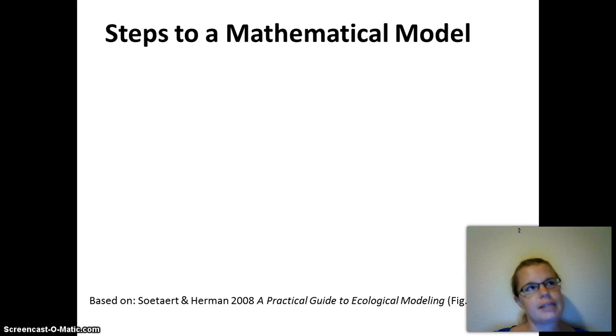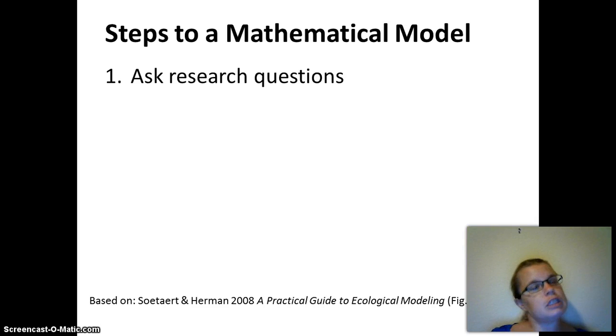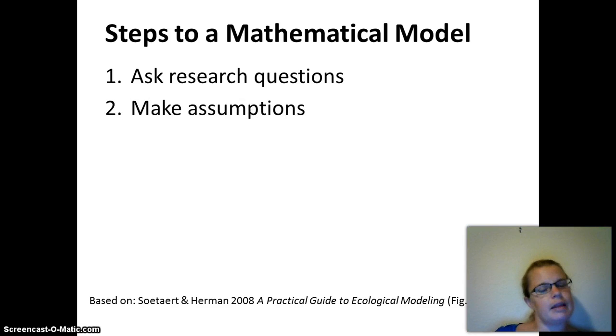So when we're trying to determine which mathematical model to use to model a particular population or process, we have to go through a bunch of different steps, and then also to analyze it and actually figure out what's going on as well. So first you want to figure out exactly what your research question or questions are. Then you want to determine which assumptions you need to make that won't obscure the answer to your research question.